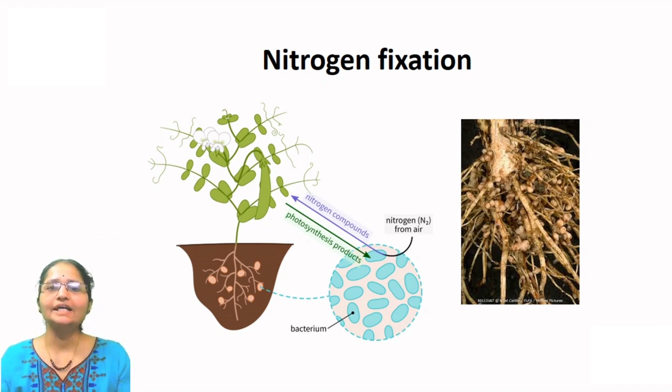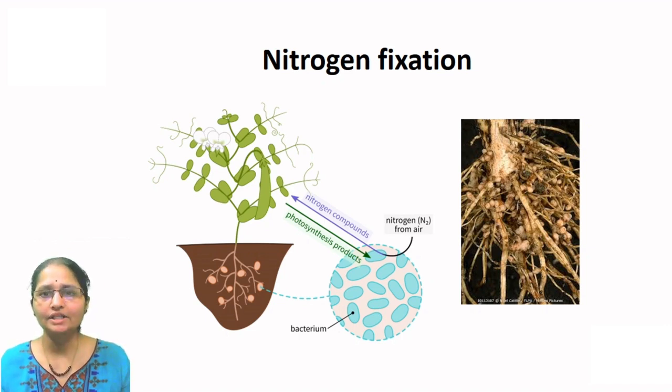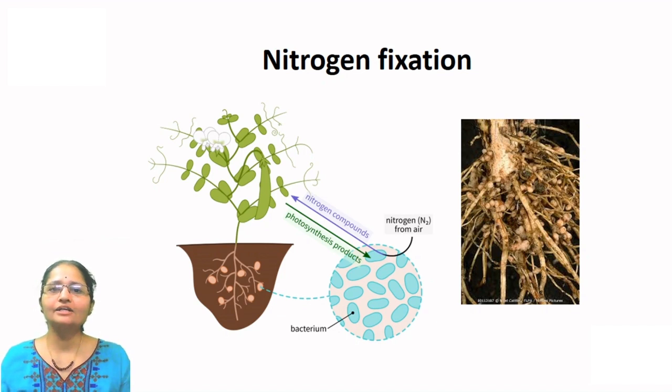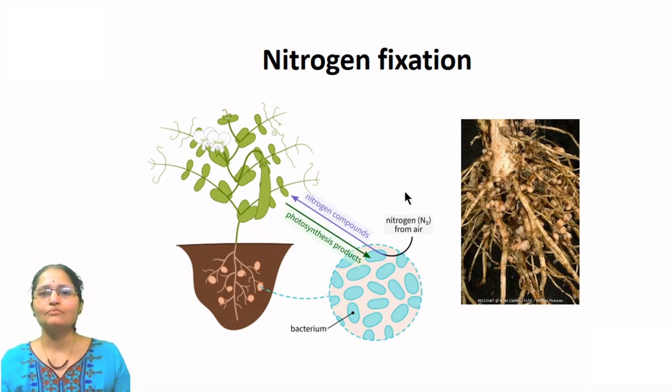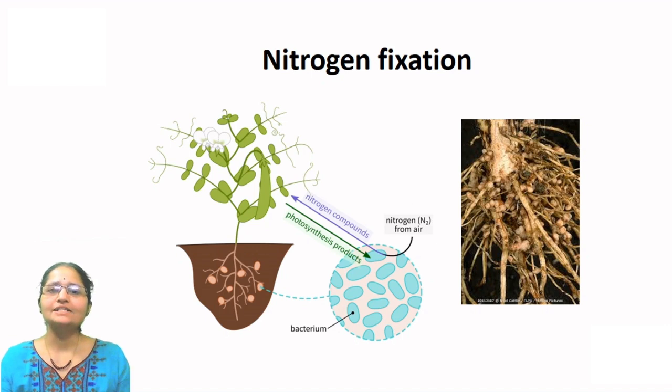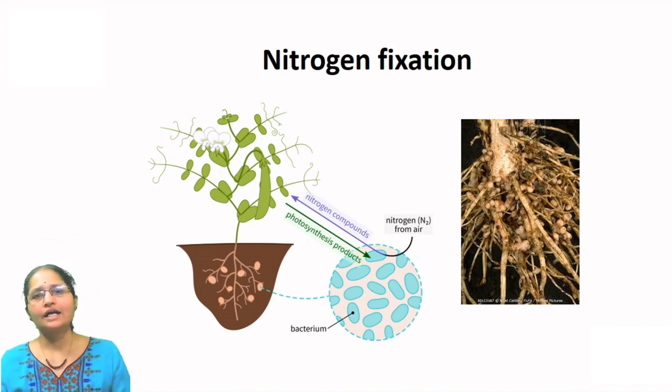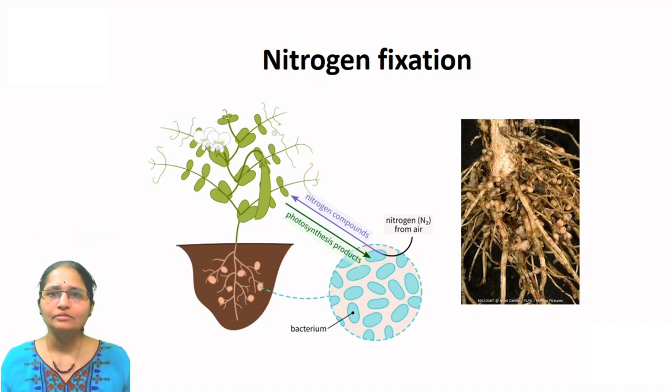What they do, they can take up the atmospheric nitrogen and convert it into nitrogen compounds. And when they are growing on these plants, they transfer those compounds to the plant. And of course, the plant uses it for formation of proteins. When such plants are consumed by animals, they come in the food chain.